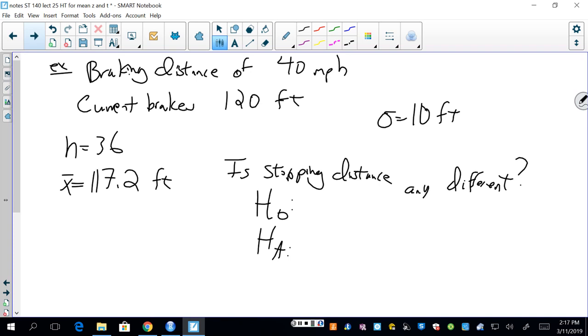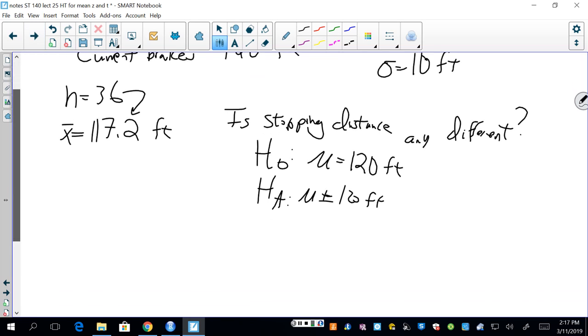Is it clear that 120 is what you're given coming from the past? And this sample of 36 gives us the 117.2. So that's only 36. It's not universal knowledge or industry knowledge. So yeah, the null hypothesis would be set up as the old 120 feet. And the alternative is just that it's not 120 feet.